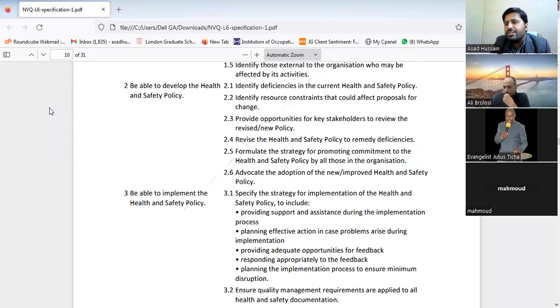After the modification, what did your organization do to get the review or suggestions from the stakeholders? So you have to produce some type of evidence confirming that you have involved all the stakeholders in the review process. Is it fine?